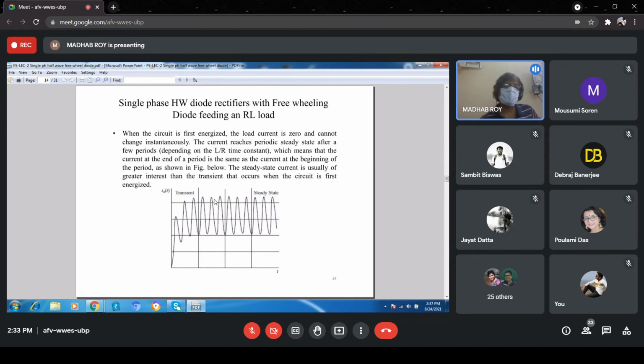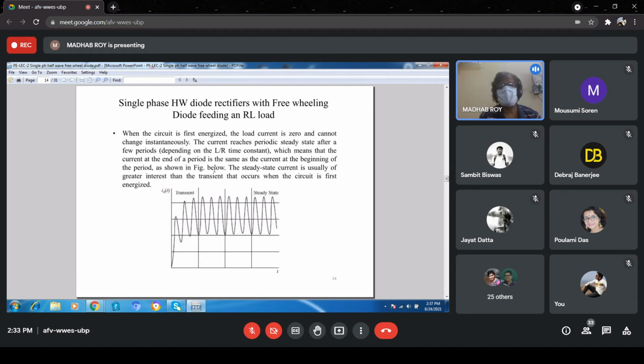But one restriction of this rate of change of flux or rate of change of current is that it cannot occur instantly. What does it mean? A step change cannot be possible, because a unit step function of this type of flux or current is not possible.